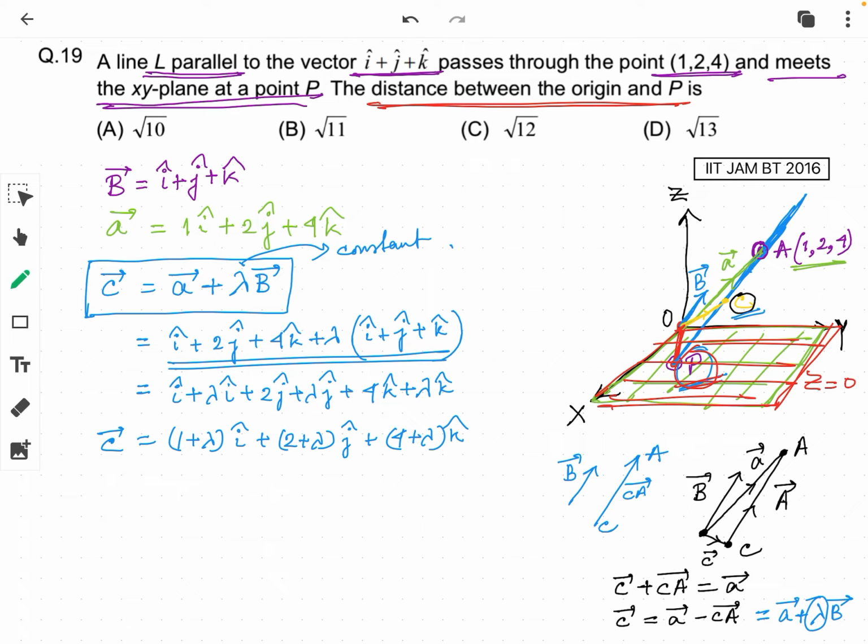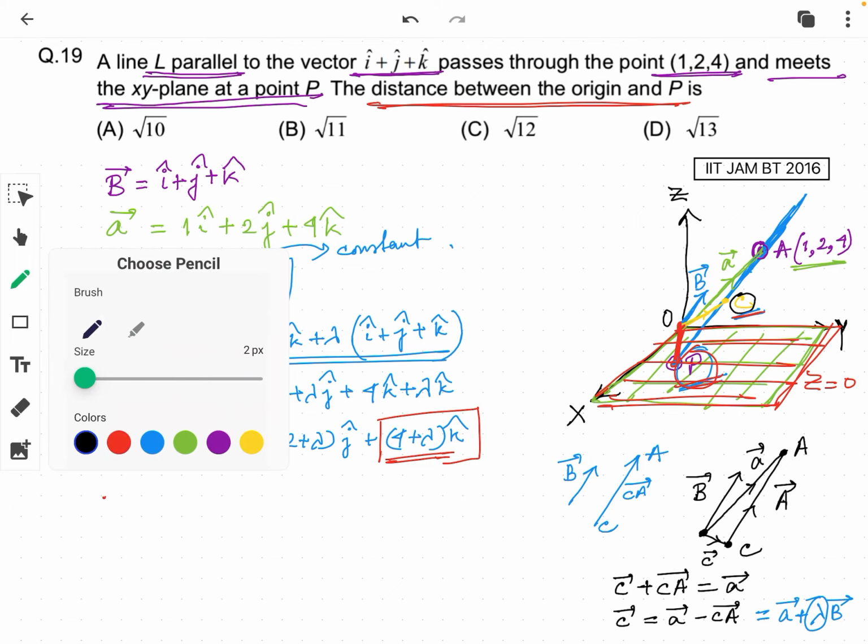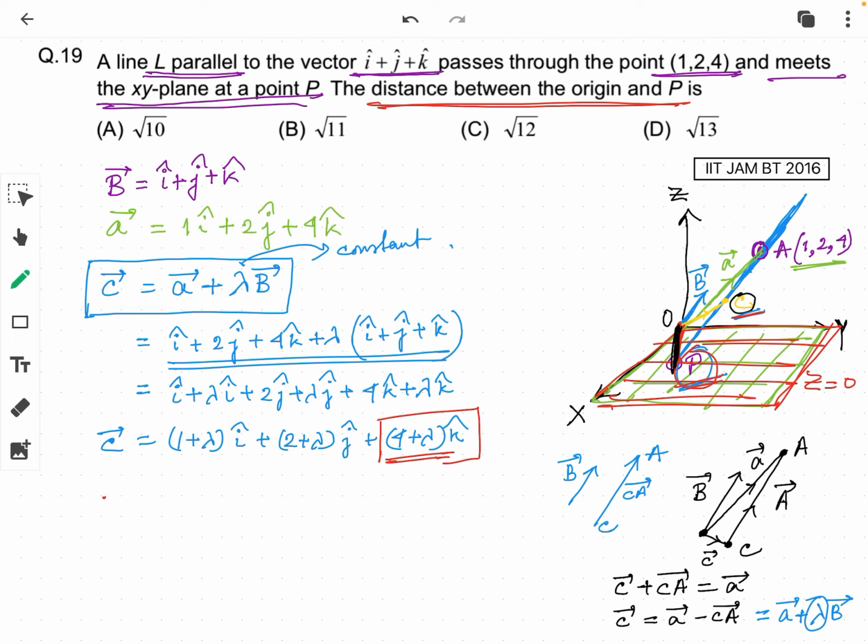If the C point is actually the P point, then the z coordinate of P is 0. Then we can write the coordinates of P as x comma y comma 0.